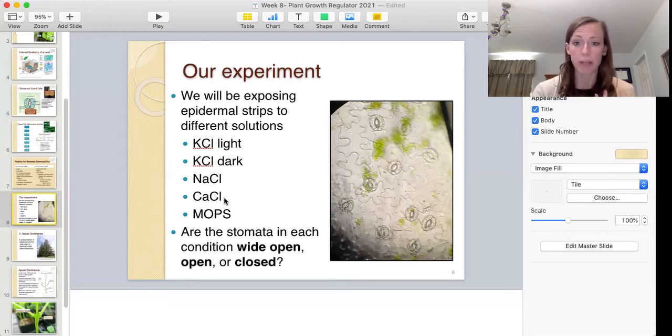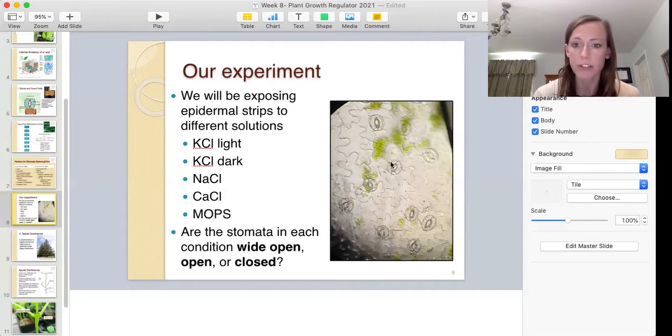Our job, after the epidermal strips have sat for 40 minutes in the various solutions, is to analyze the size of the pore that we can see here. All of these little jigsaw puzzle shaped cells are parenchyma cells in the leaf.